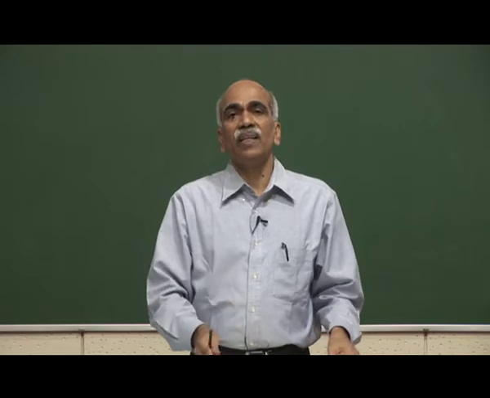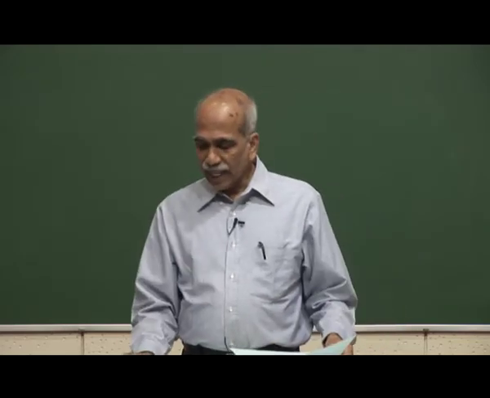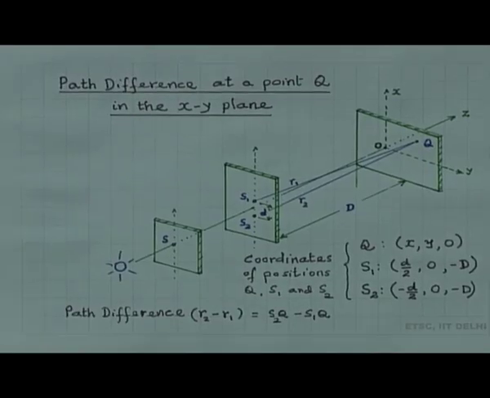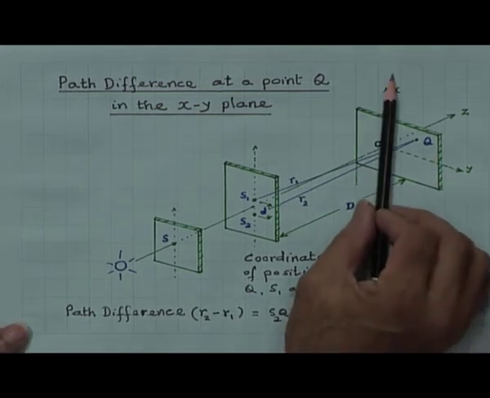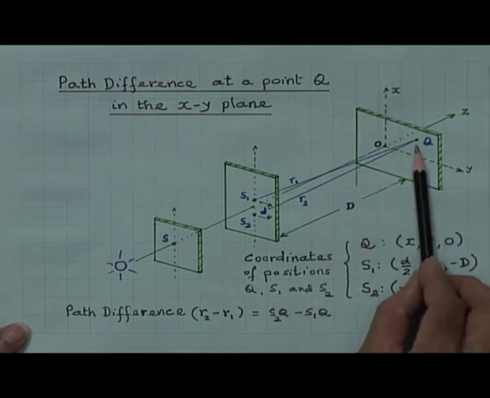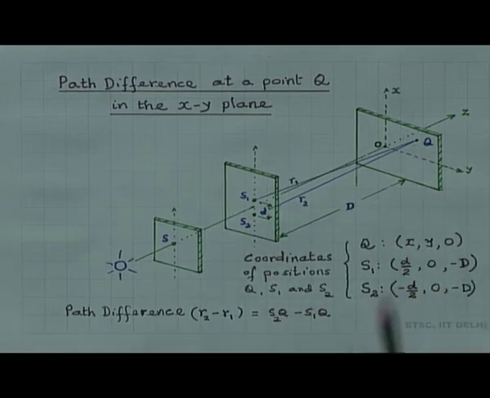So, let us consider an arbitrary point q. Let me show the diagram again: this is the Young's double hole interference experimental setup, but now instead of taking a point on the x axis, I am taking an arbitrary point q.